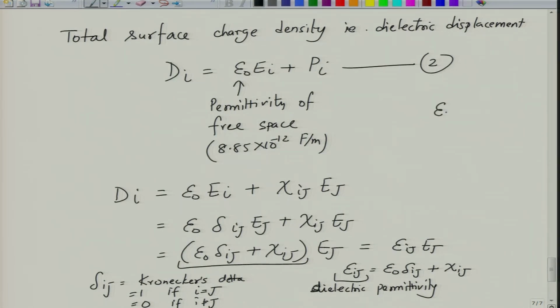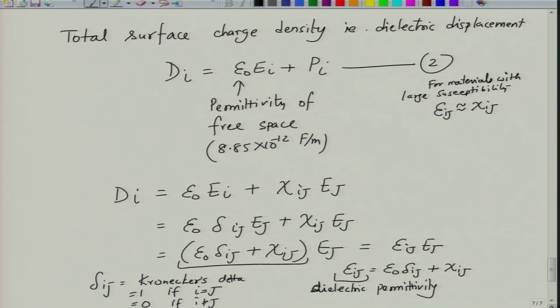And this epsilon ij is a sum of epsilon naught delta ij plus chi ij, and for a ferroelectric kind of material, for materials with large susceptibility, you can say this is equal to chi ij, because the free space component is very small.